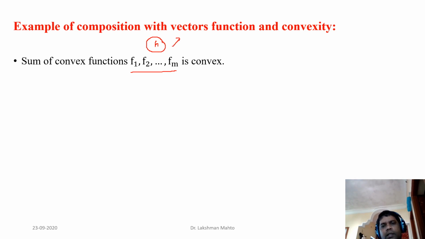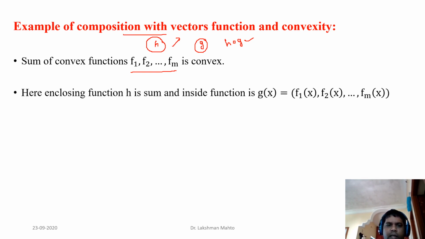In the vector composition, you always need to find a function h which is convex and increasing. Then you have to find the inside function g. If h is convex and increasing and g happens to be convex, then the composition of g with h would be a convex function. So that is the criterion.